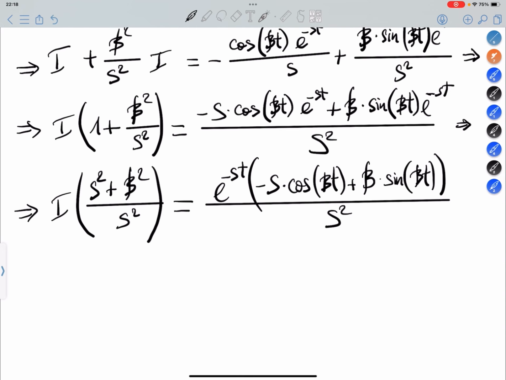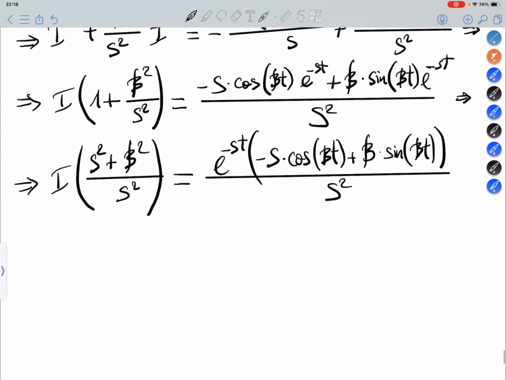Now here our goal is to find I, so we're going to divide both sides by this, right? And dividing is basically multiplying by the inverse. So basically for I, if we flip this one here, s square and s square are going to cancel out, and this is going to go on the denominator, right?